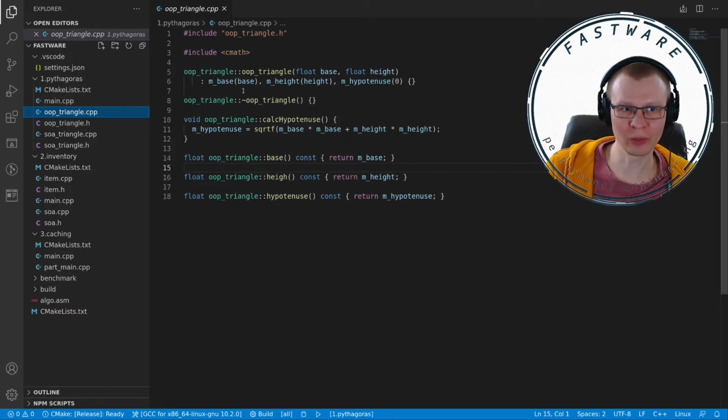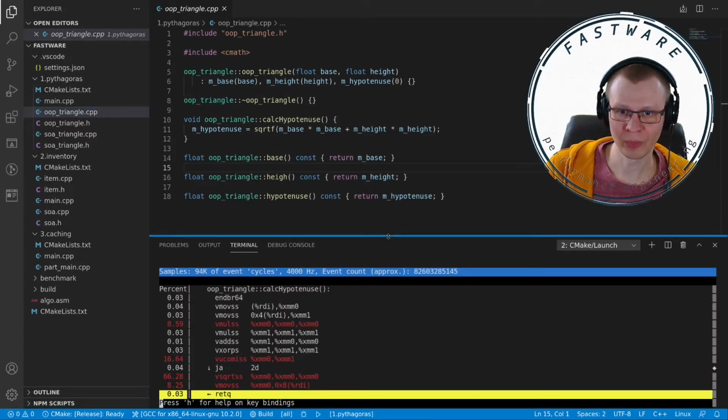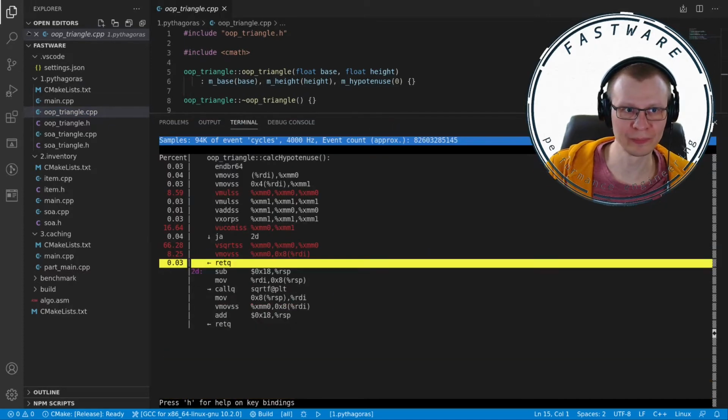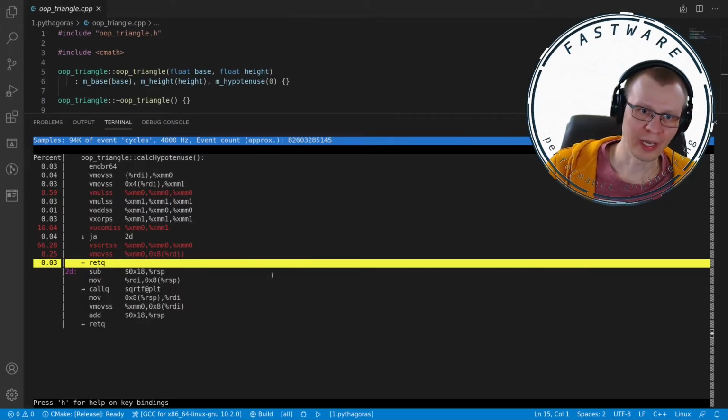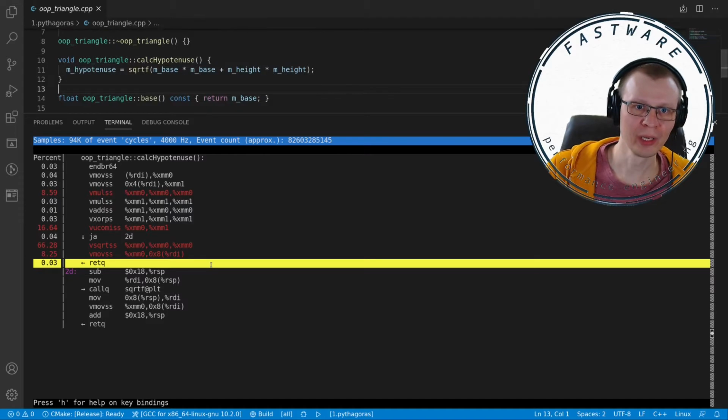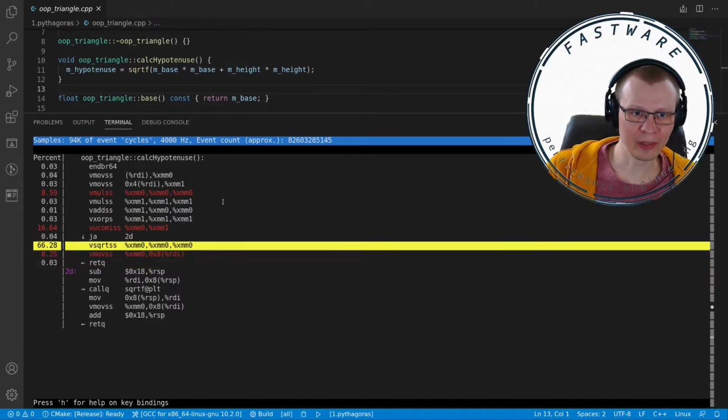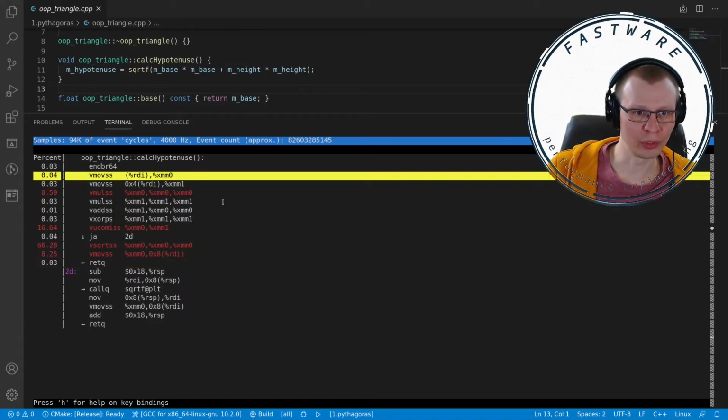Now, the code that we just looked at is the actual output of this algorithm. So here I ran some benchmarks. And in perf, which we looked at last week, I'm looking at this function, the OOP triangle calc hypotenuse. Now, this is a very simple algorithm, and I'm sure you can understand.